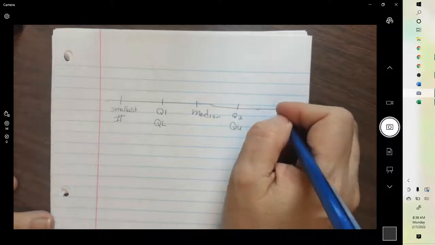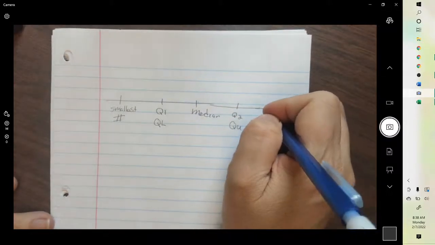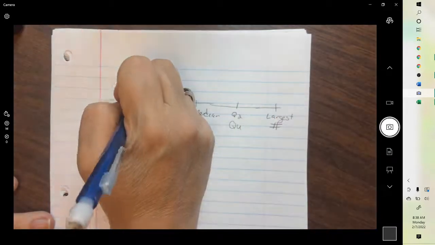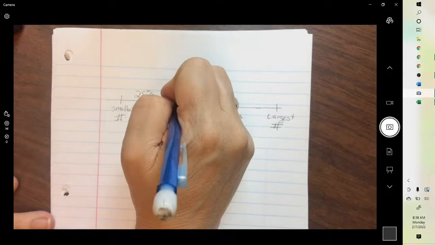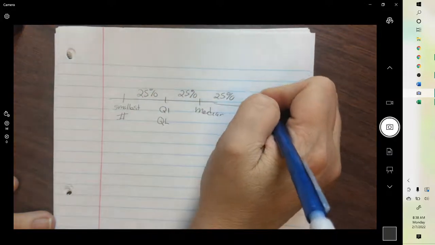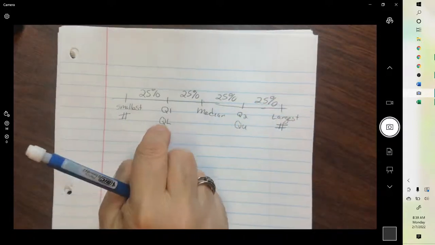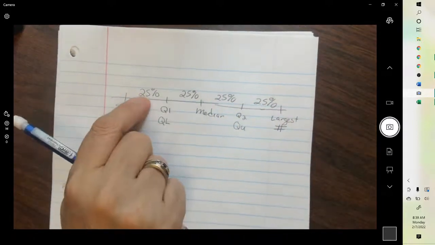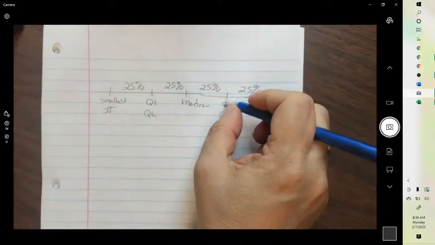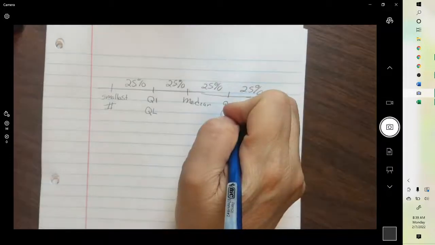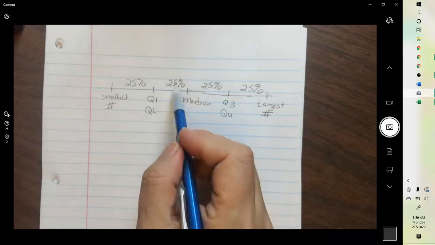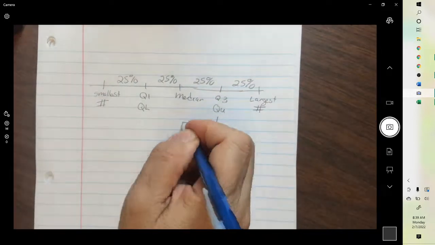It's interchangeable depending on the book. And then this is the largest number. In between each is 25% of the data. So if you're looking for the lower quartile, you'd use 0.25 to find it. If you're looking for the upper quartile, 25, 25, 25, it's 75% of the data.